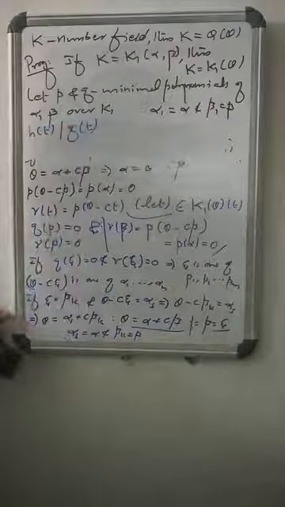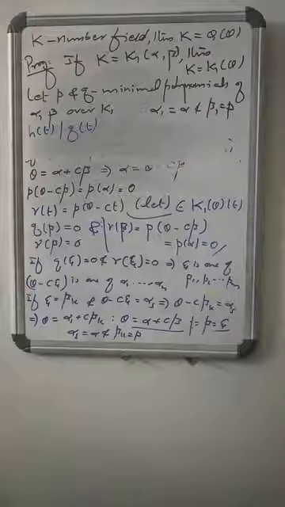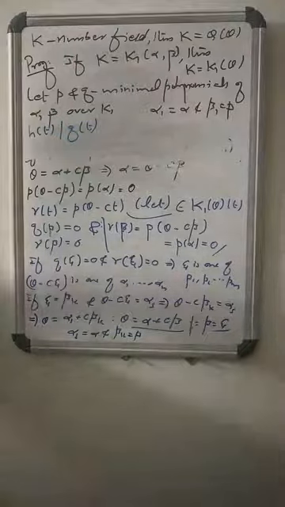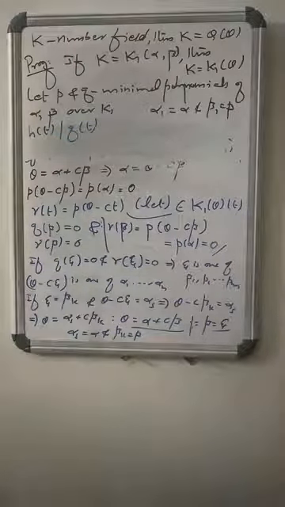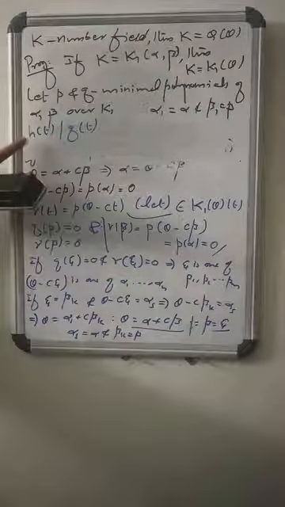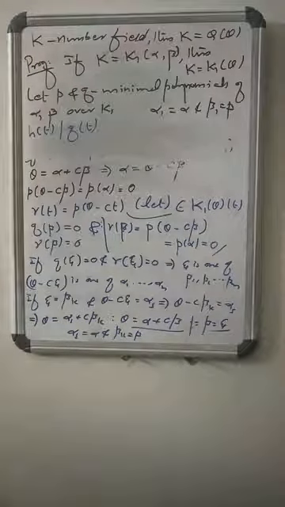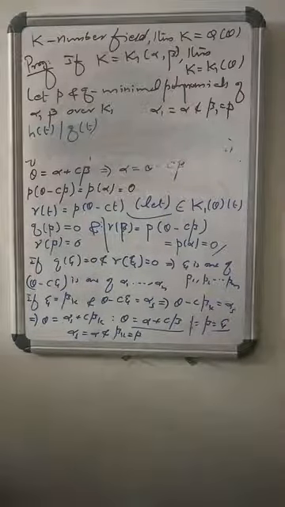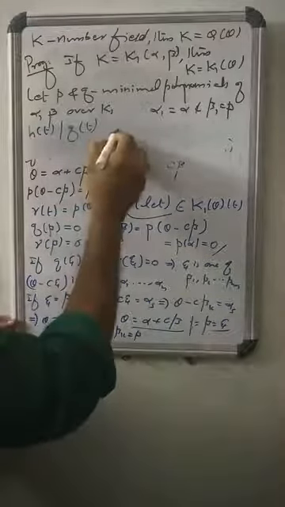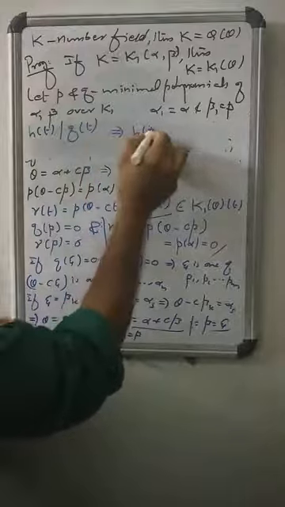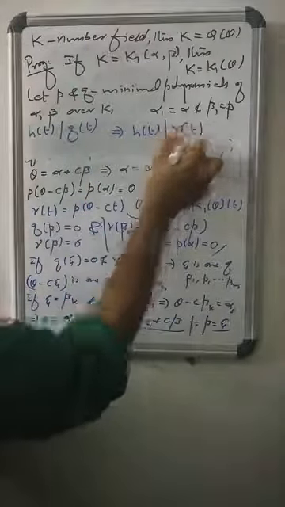Why? Since h of t is a minimal polynomial of beta over k1, and Q is a minimal polynomial of beta over k1, h of t must divide Q of t. That means h of t must divide R of t.